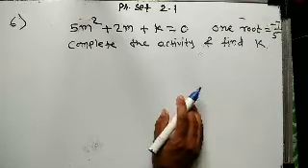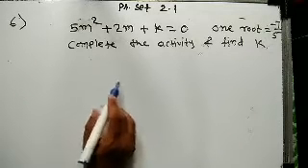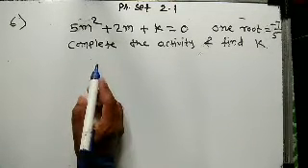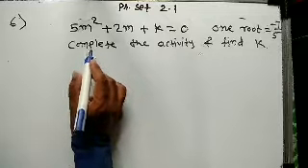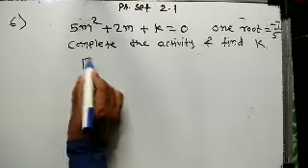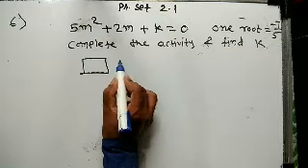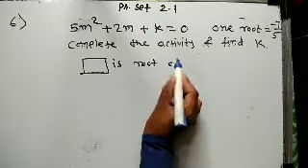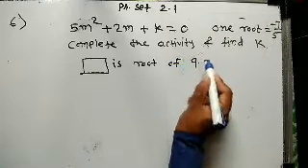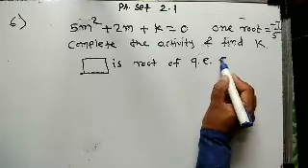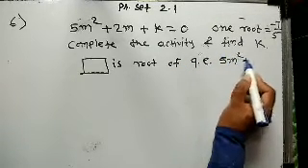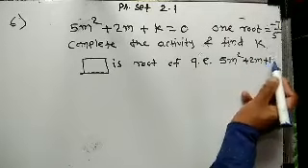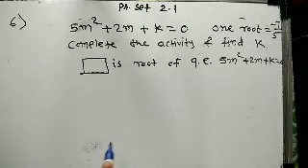Here first we write the given steps as it is. That is, there is a box is a root of the quadratic equation 5m square plus 2m plus k is equal to 0.